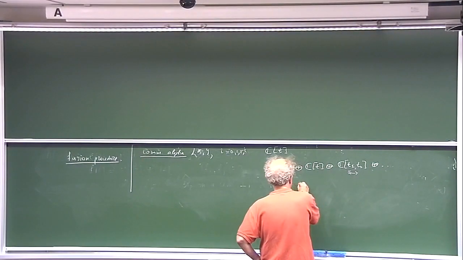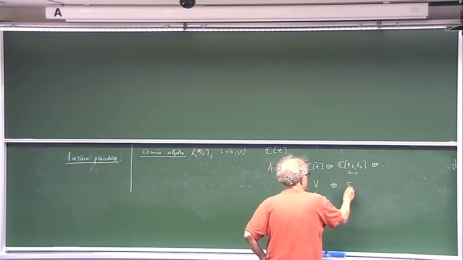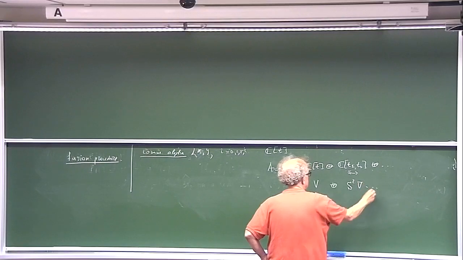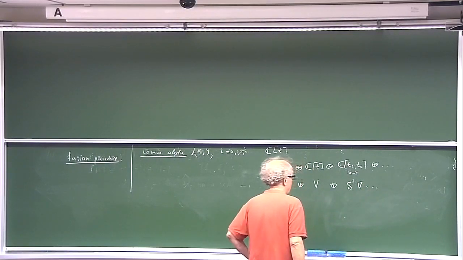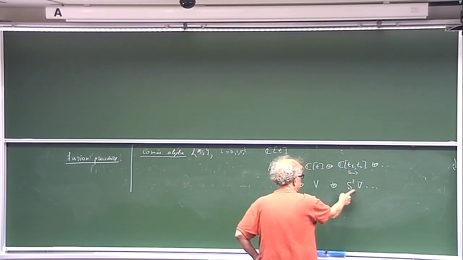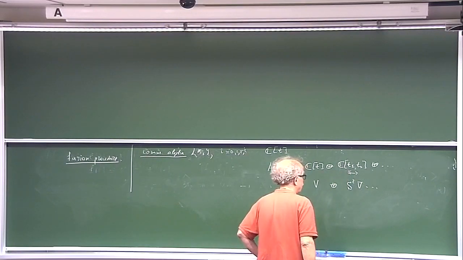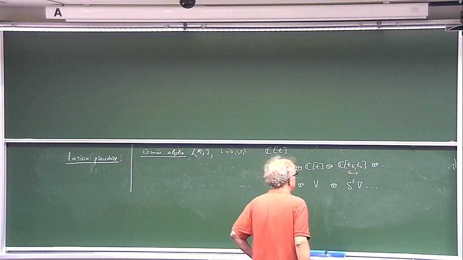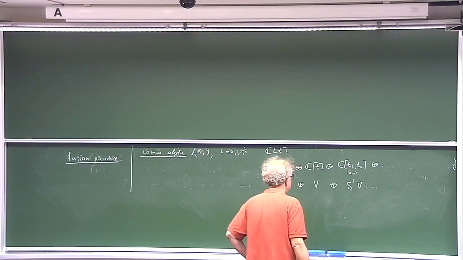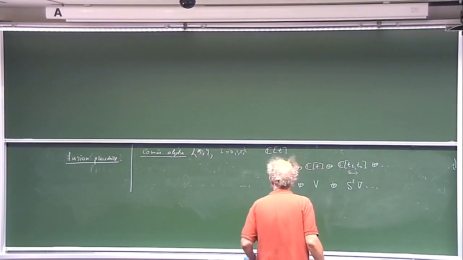Again, it is C, plus the space of generators V, plus the symmetric power of V, and so on. It is the space of polynomials. And sometimes it is convenient to identify the symmetric power of polynomials in one variable with symmetric polynomials in two variables. Later it will be important for me, but right now maybe not. It is just a polynomial algebra of such kind.